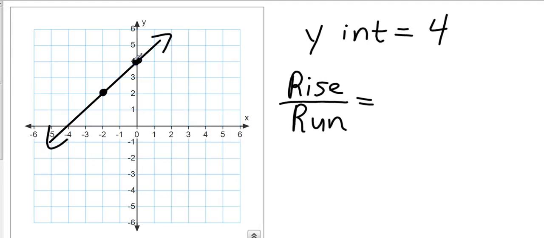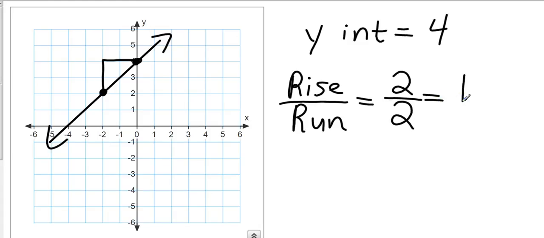And I need to ask myself, to get from those 2 points to each other, what do I need to rise and what do I need to run? Well, I'll start here at the bottom one. I'll put my pin on it. And I'm going to go up 2 and to the right 2. So that's a positive rise of 2 and a positive run of 2. And 2 divided by 2 is 1.